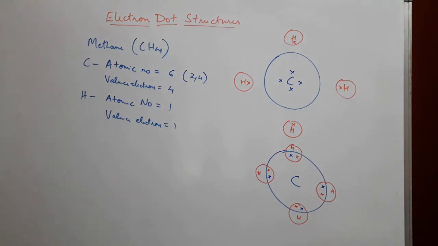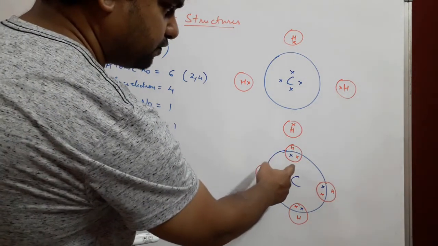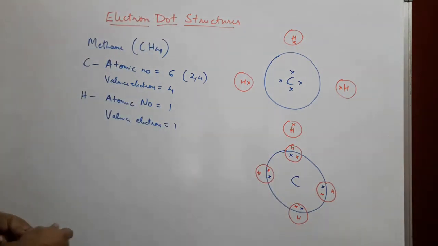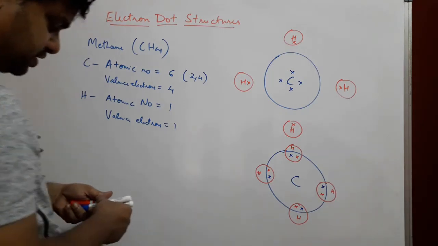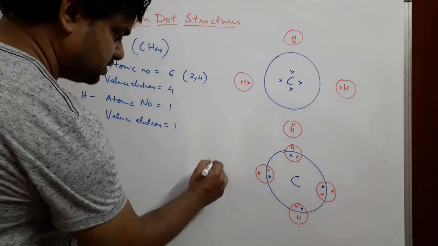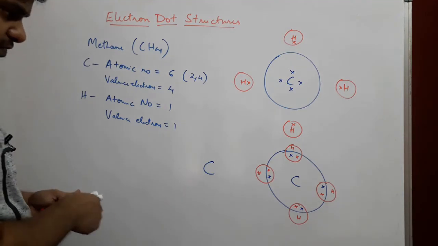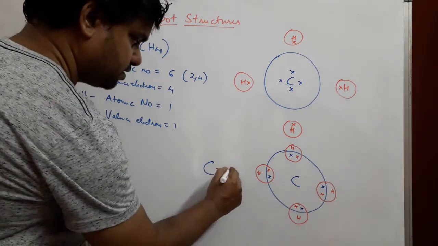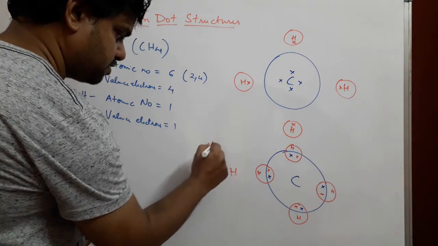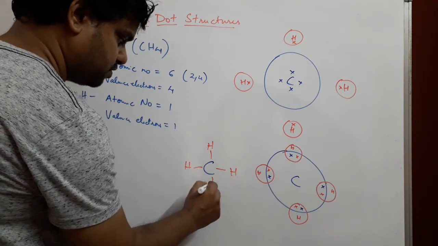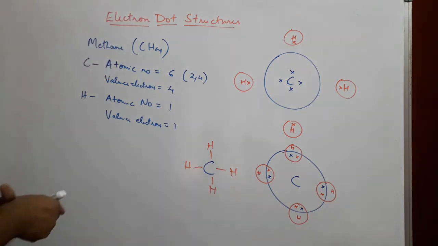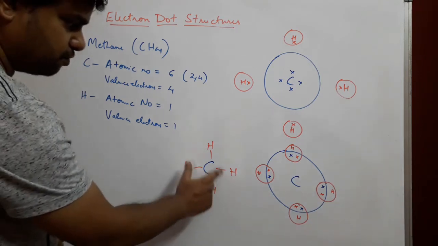And this is how the covalent bond is formed between the electrons from hydrogen and the electrons of carbon, and structurally it looks something like this. So how many bonds are formed? There are 4 bonds formed.